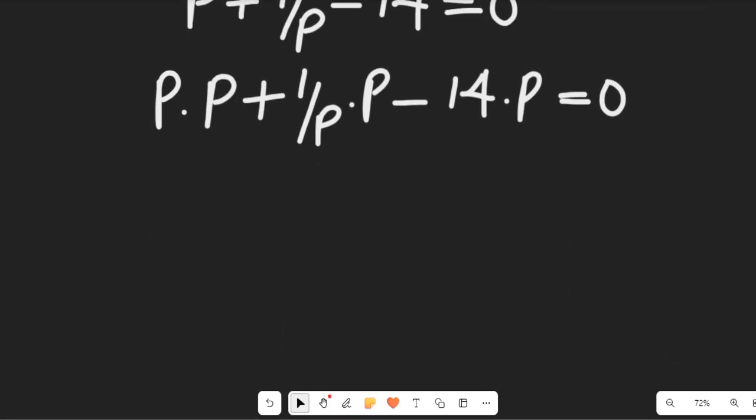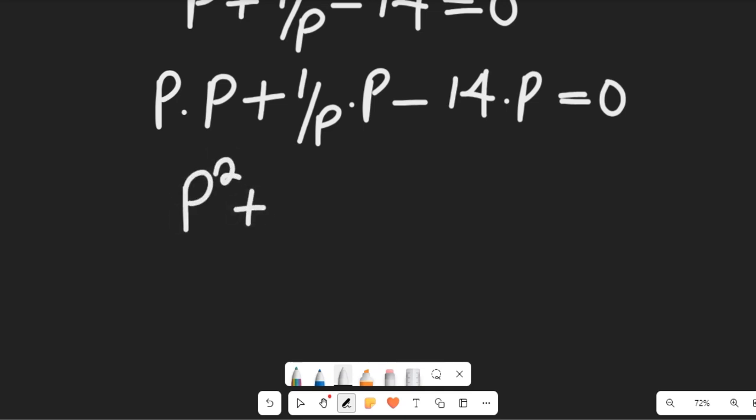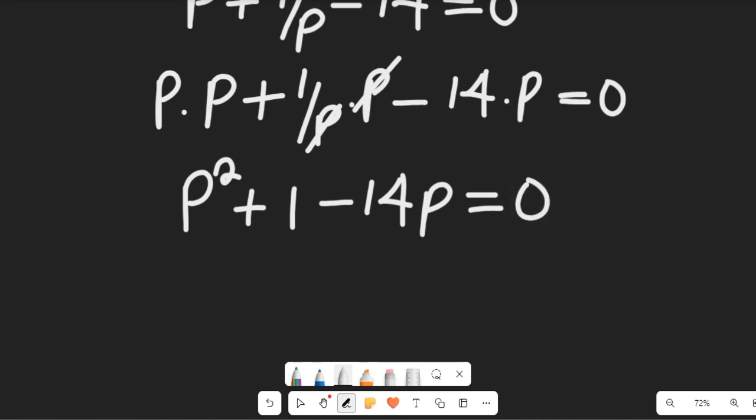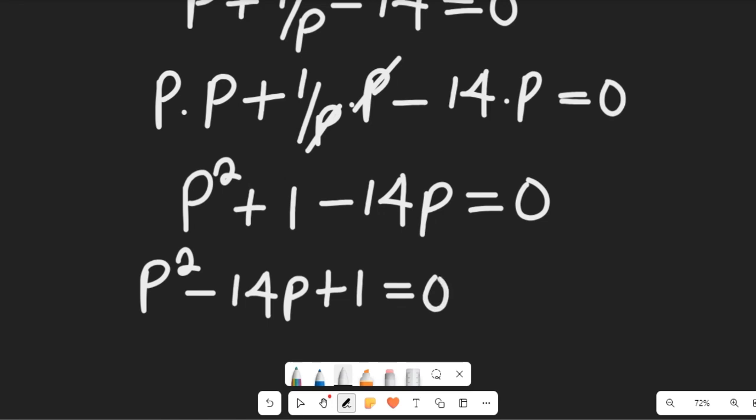Now from that expression, p times p is going to give us p squared, plus p will cancel out p, and that will give us 1 minus 14p, and this will be equal to 0. Great. So if we rearrange this, we'll have p squared minus 14p plus 1 equal to 0.